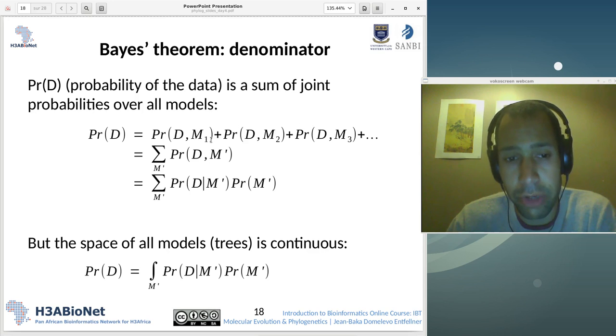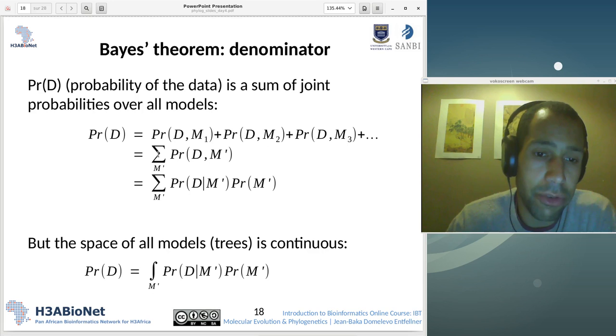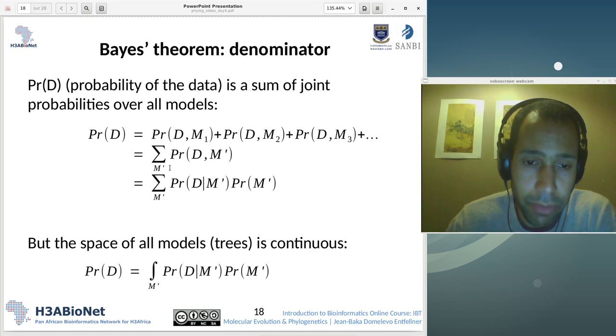You cannot have at the same time D and M1 and D and M2, because M1 and M2 are two different models. So it's the sum of the probability of D and M prime over all M primes.